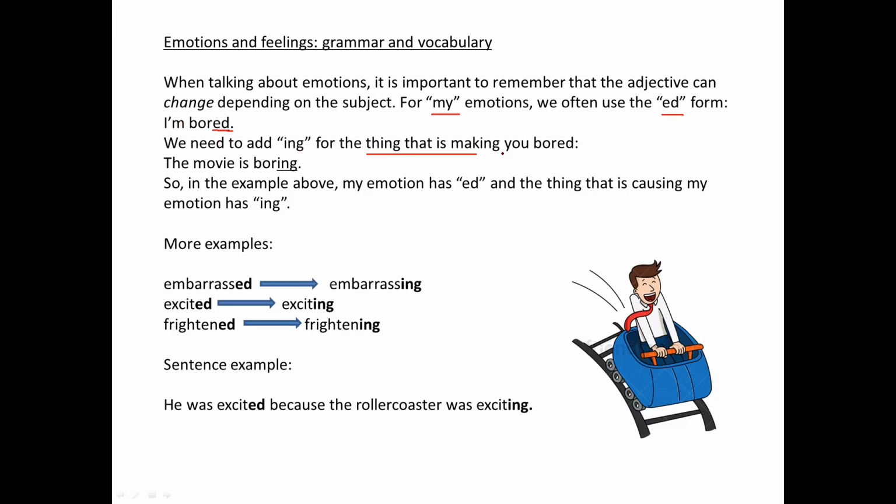For the thing that makes you feel the emotion, we need to add ing. So the thing could be, for example, a movie, a book, a boring teacher. So here we say the movie is boring. So I'm bored.